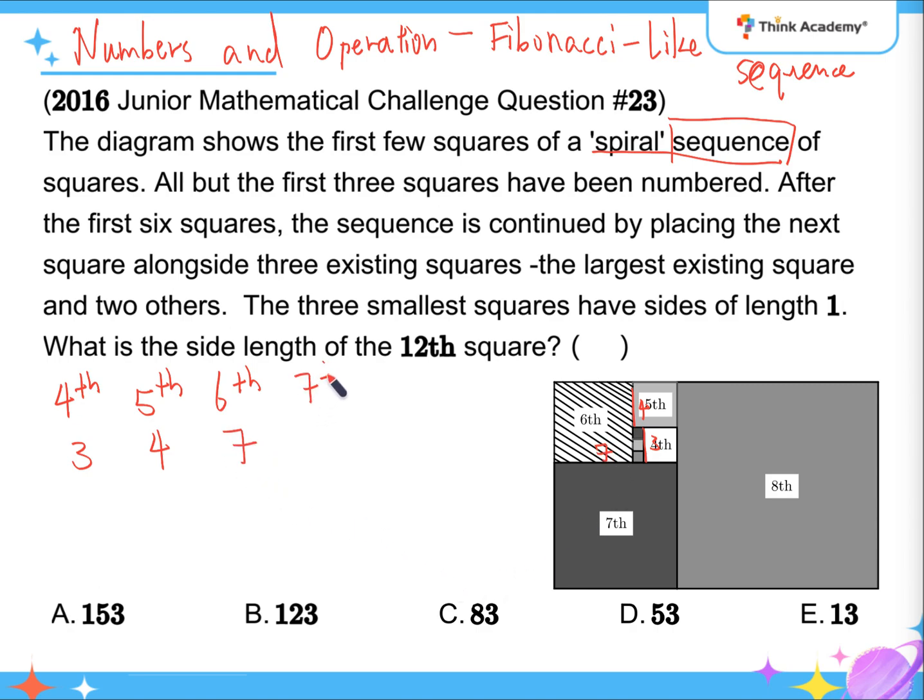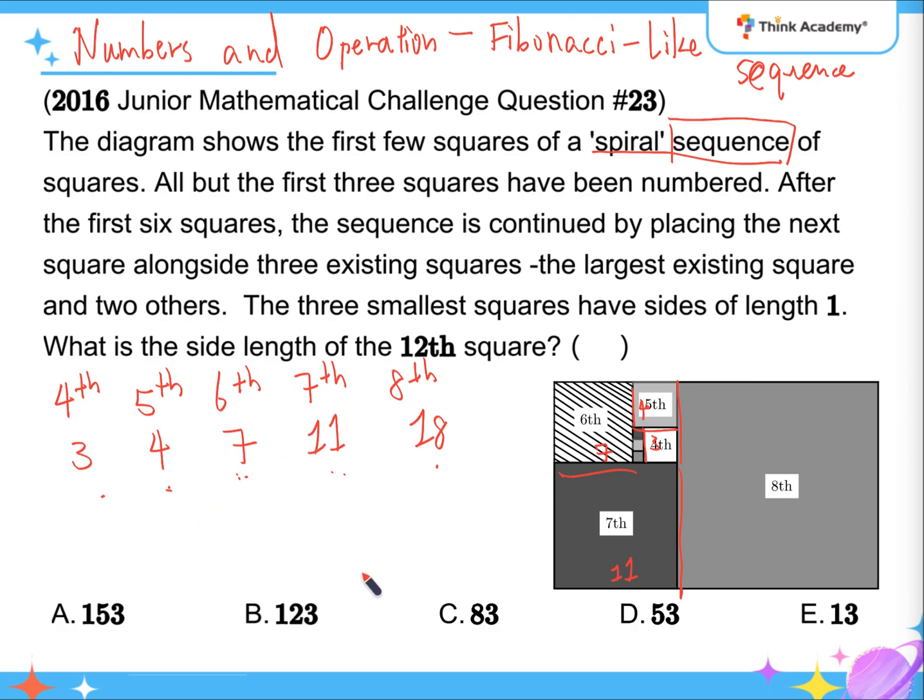And for the 7th one, it's 7 adding 4, which is 11. And for the 8th one, it's 7 adding 11, which is 18. So you can see that each term in this sequence is the sum of the previous 2. 7 is 3 plus 4, 11 is 4 plus 7, 18 is 7 plus 11, and so on.